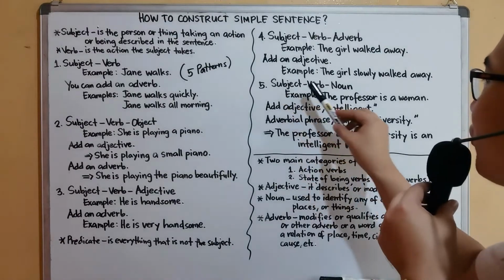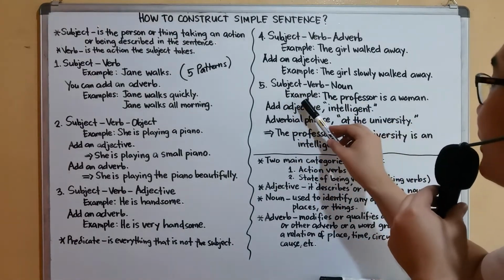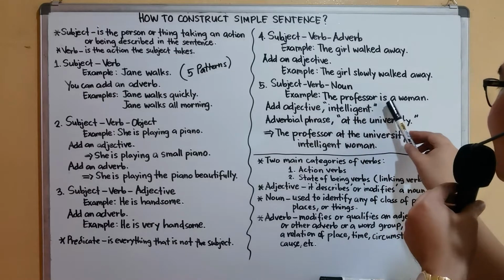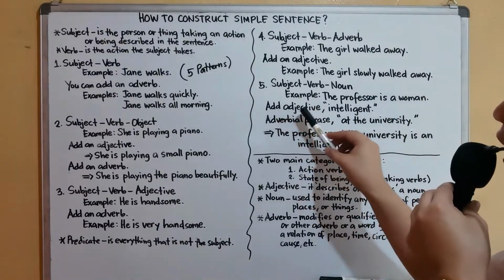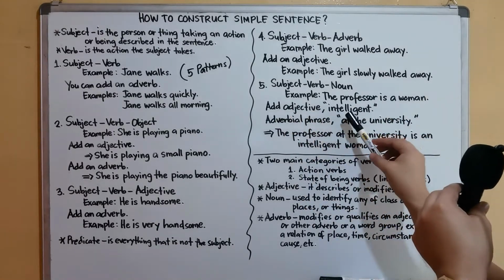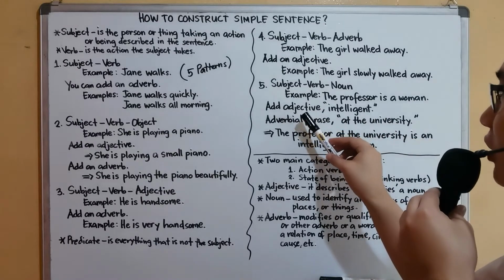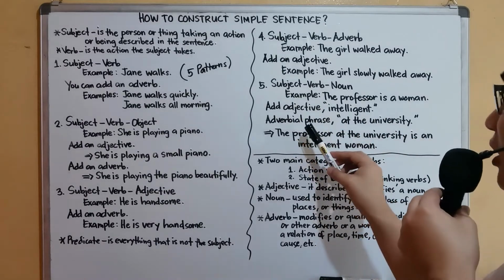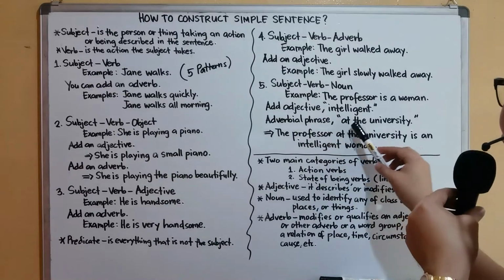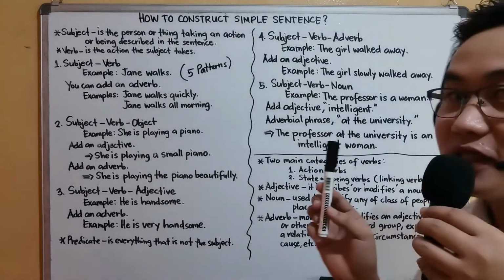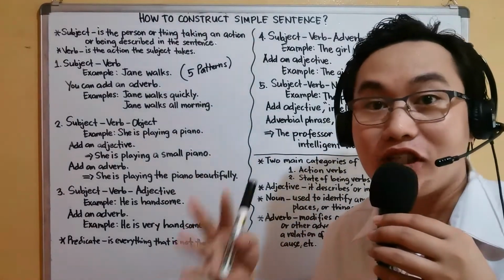We have the subject, verb, noun. Okay, example, the professor is a woman. Let's add an adjective in the sentence. We have to use intelligent as our adjective, and we also need to use here an adverbial phrase, at the university, just to emphasize where that professor is working.